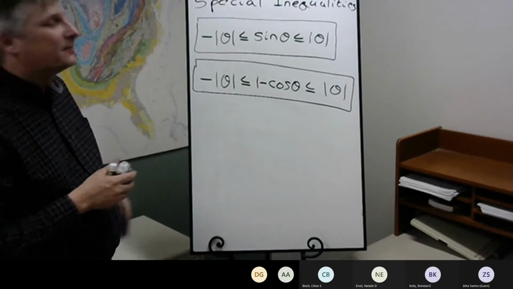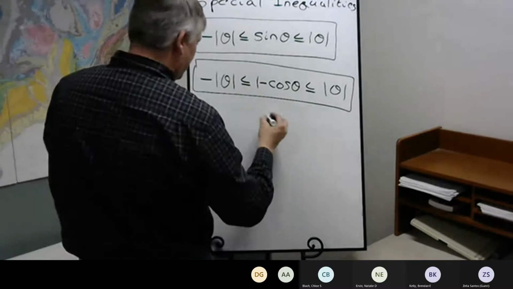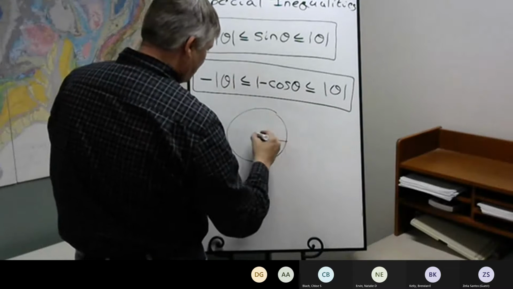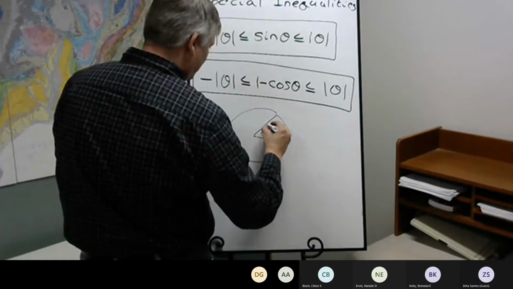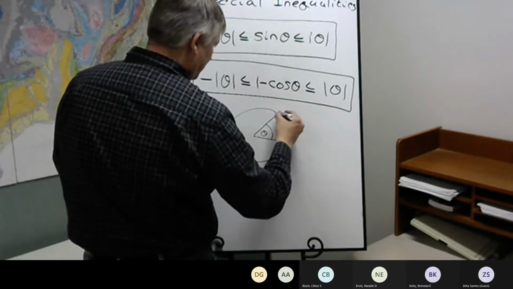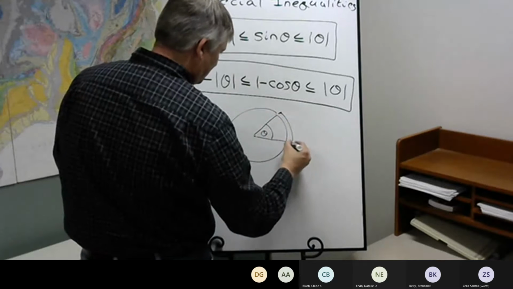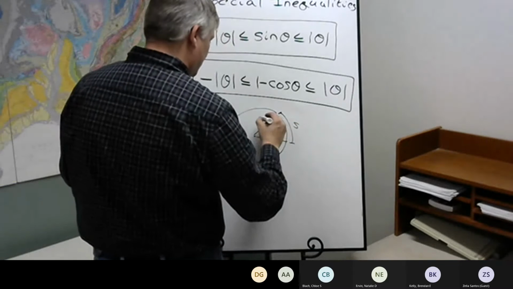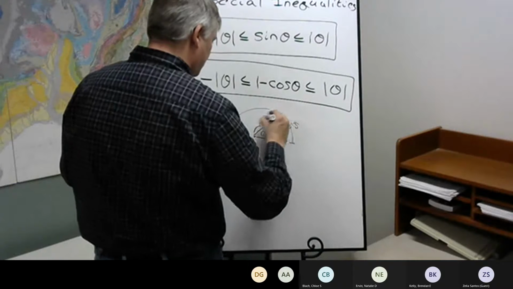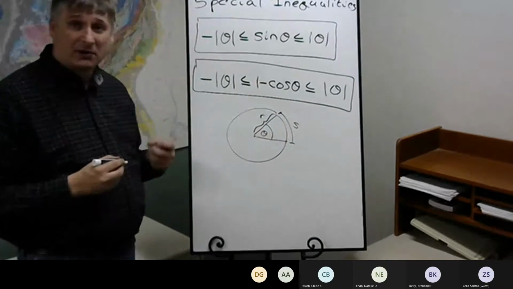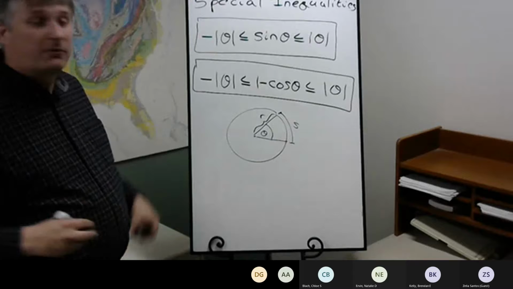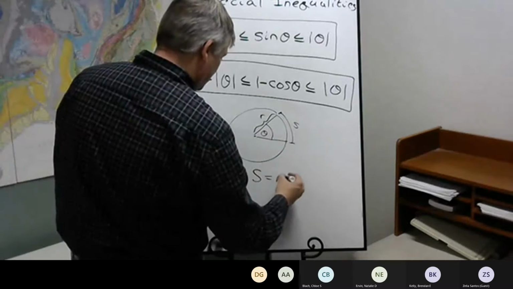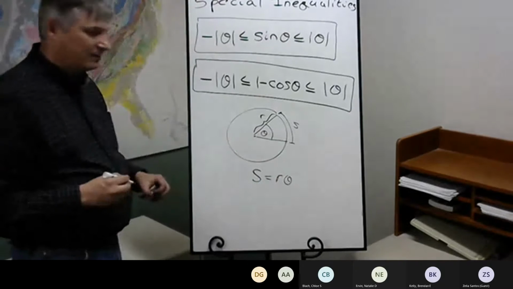The trick is that if you have a circle, this is theta, and this here is your arc length S, and this is your radius R. So a formula we have, S is R times theta.